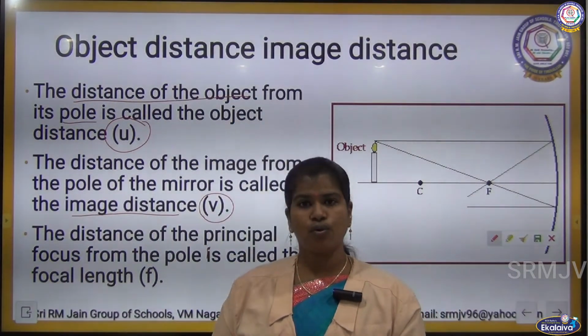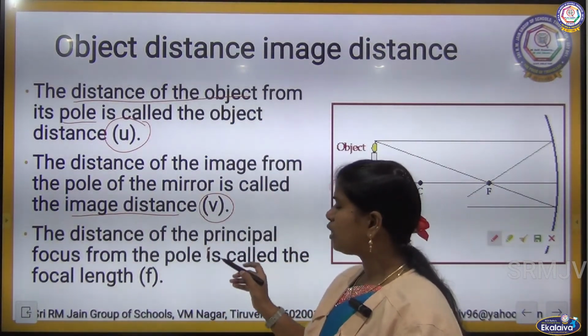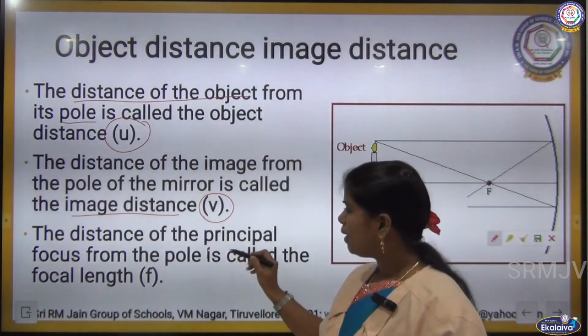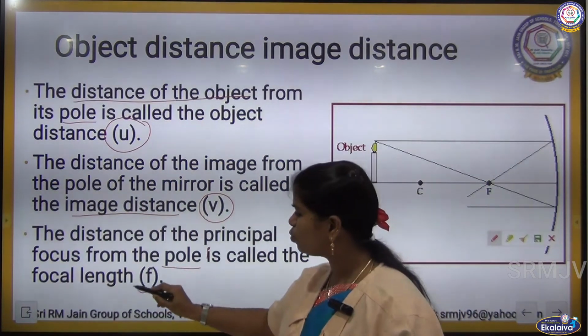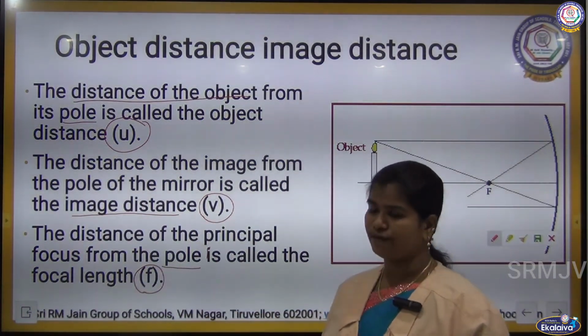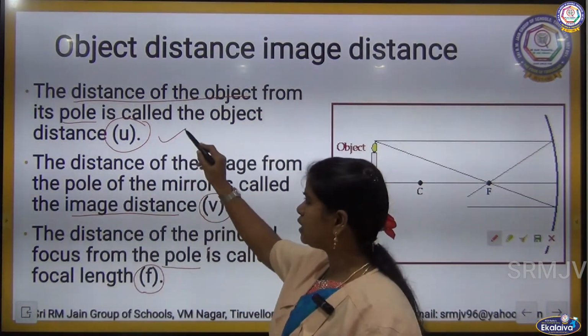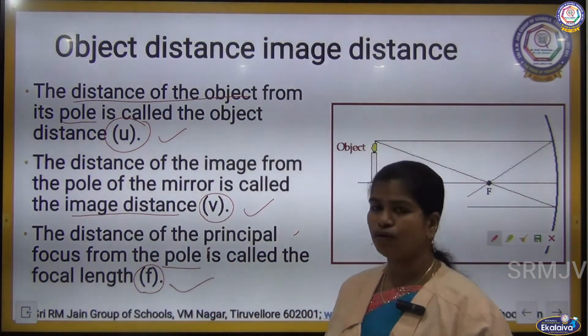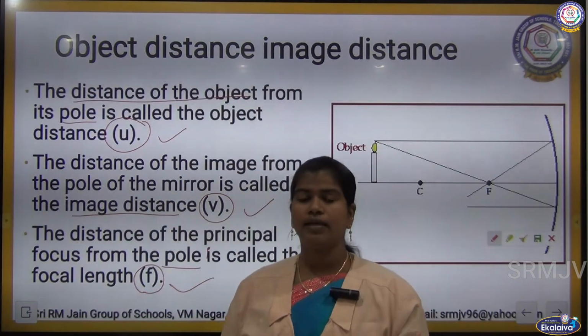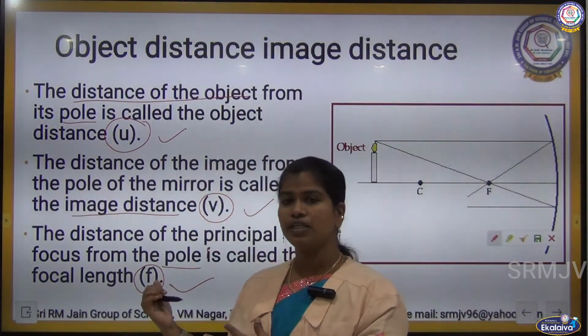And already we know about the focal length. Focal length is the distance of the principal focus from the pole, and it is denoted with the small f. Okay. So this object distance, image distance and the focal length, there is a relationship between these three.